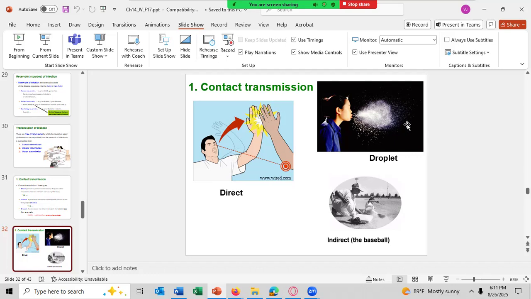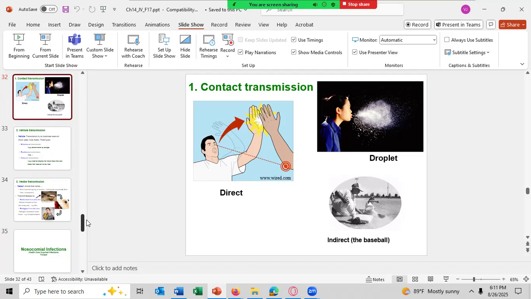You're less likely to get it from beyond 1 meter, but you're still able to get it from more than 1 meter. And that more than 1 meter is considered airborne transmission, which we'll talk about in a little bit. And that's why I'm not going to quiz you on droplet versus airborne transmission, because that 1 meter is somewhat arbitrary.